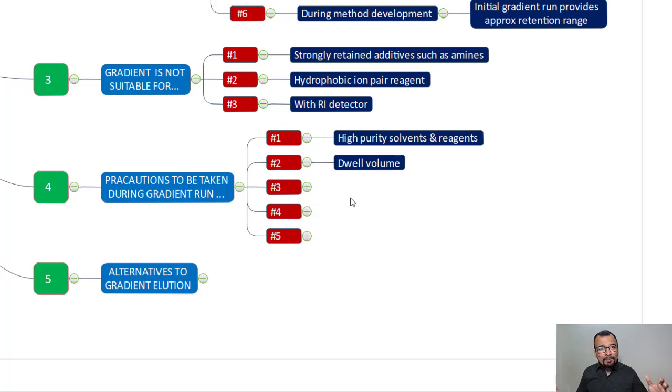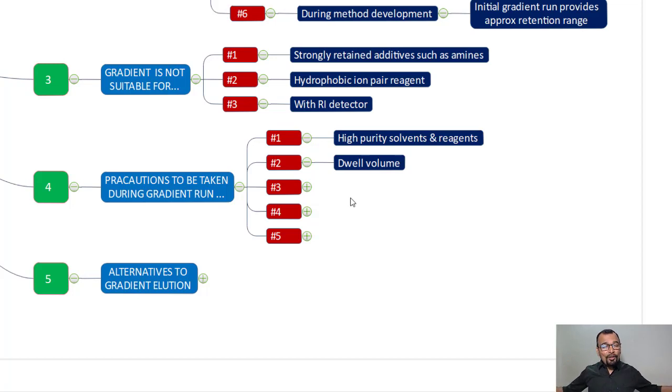So whatever comes in between, the pump, the gradient mixer volume itself, then the injector port, then all the tubing till the column head, consists of the dwell volume. And if your HPLC systems have different dwell volumes, your retention time may vary, because the dwell volume delays the entry of the gradient into the HPLC column.